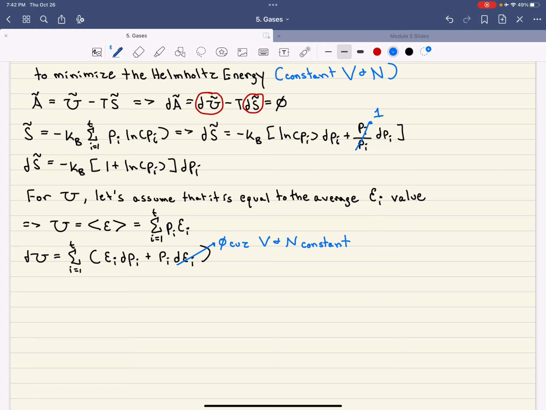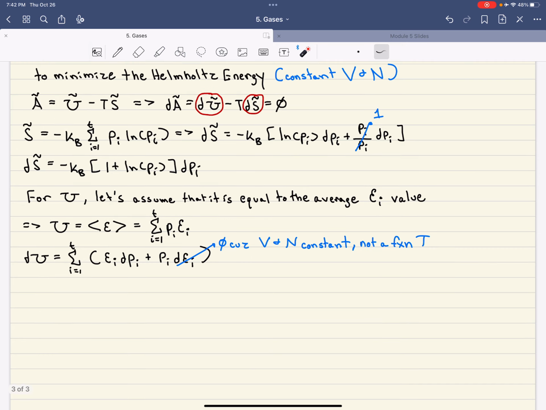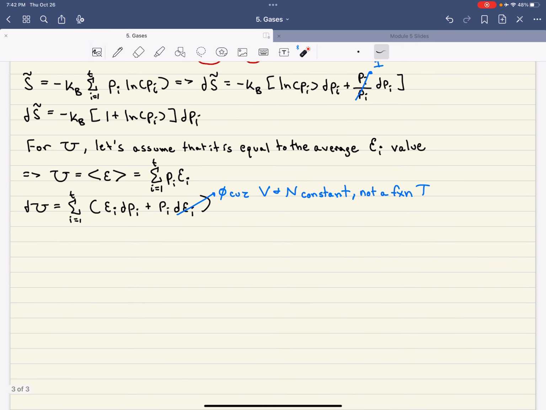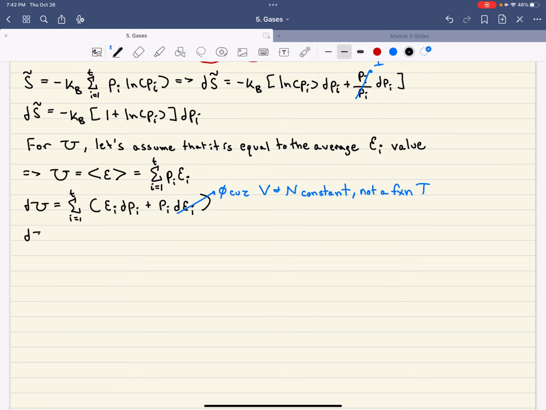It's not a function of temperature. The distribution is a function of temperature, but the energy level itself is not. So really, epsilon is only a function of V and N, and in this problem, we're keeping V and N constant. Because we're keeping those constant, the second term is going to go away. And so for du, we're left with just the summation of epsilon sub i dpi.